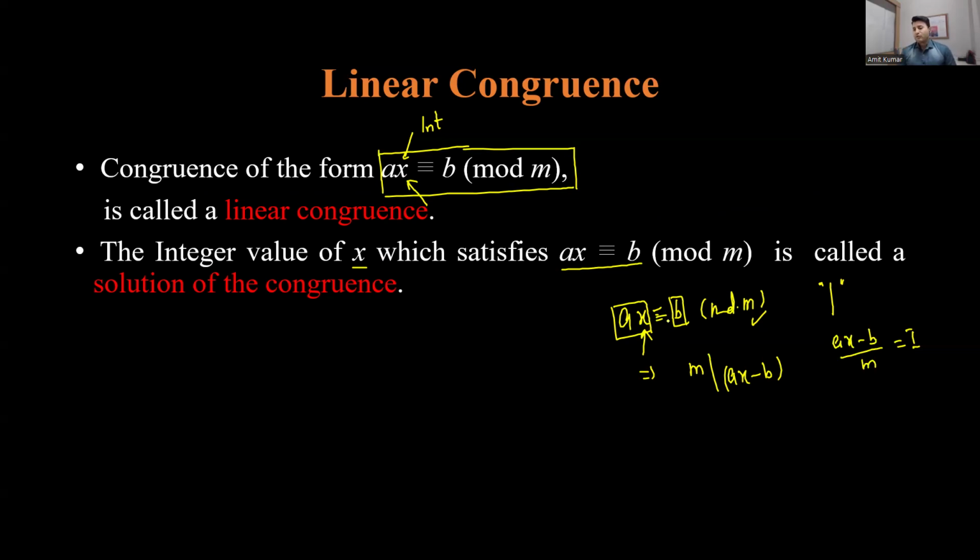So AX congruent to B mod M can also be written as M divides AX minus B, which is the same as AX minus B upon M equals some integer, or we can say take some integer T. If I simplify this equation, I can write it as AX minus B equals M times T. From here, x equals M times T plus B upon A. What is T over here?